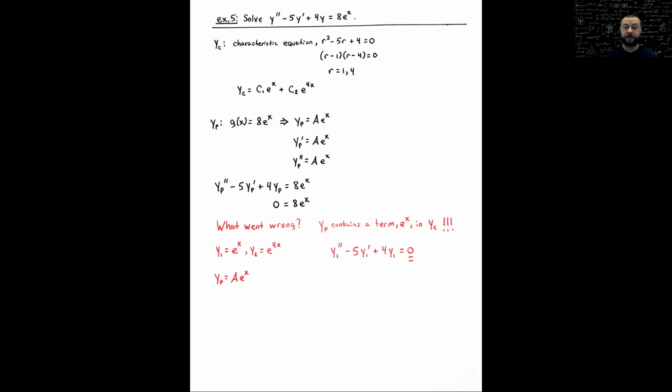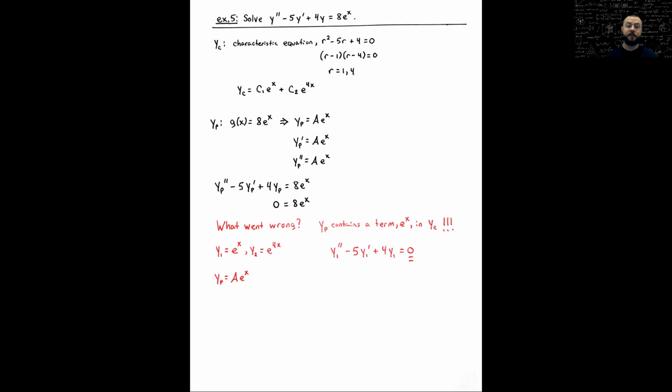Y and its derivatives would combine to give 0. Remember, your linearly independent solutions, y1 and y2, they come from solving the homogeneous ODE. So it should be no surprise that with y1 as e to the x, any function that's a constant times e to the x would have its function and derivatives combined to give 0. Well, that's exactly what's happening here.